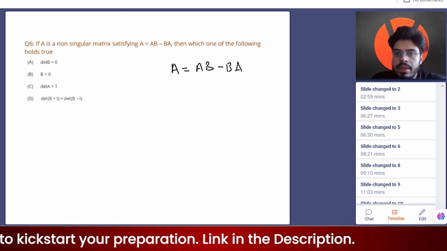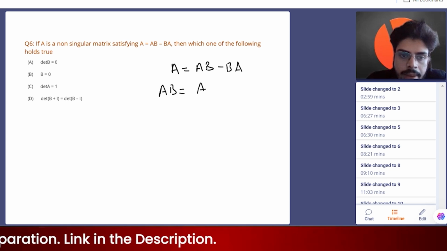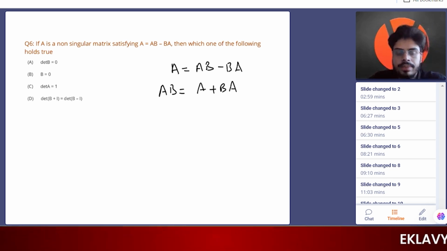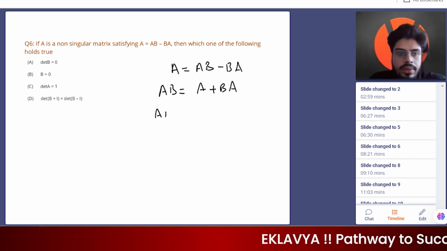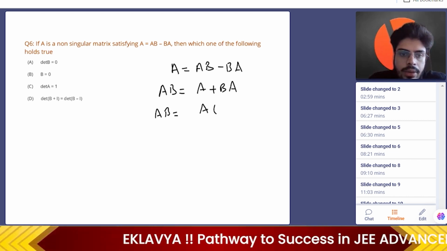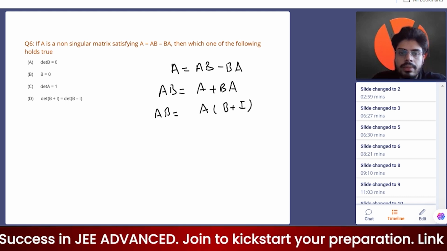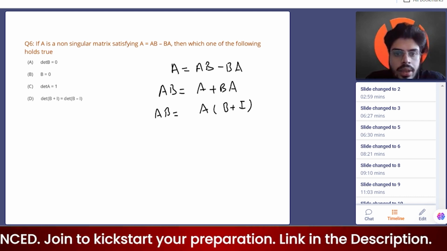AB will be A plus B. So let me write AB is equal to A plus B. If you take A common, you will get AB is equal to A times B plus I.